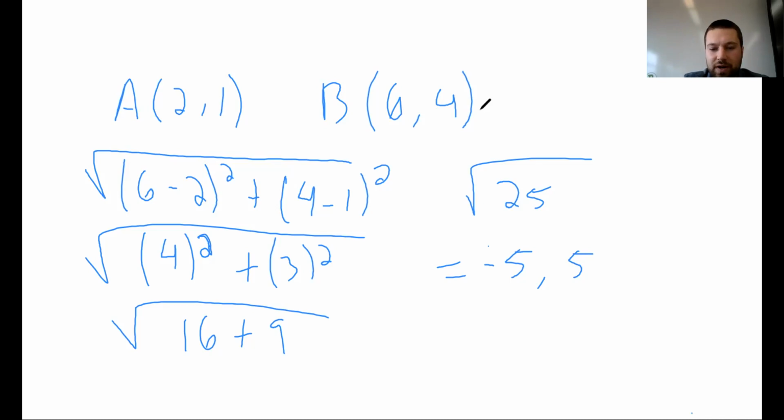It is true in other applications of algebra that we will care about the negative 5 answer, but most of the time, like 95 to 99% of the time in geometry, we really only care about the positive answer, because we're talking about lengths and distances and shapes, and negative distance doesn't make as much sense. Okay, so hopefully you got 5, and we will do more of these practicing together in the class.